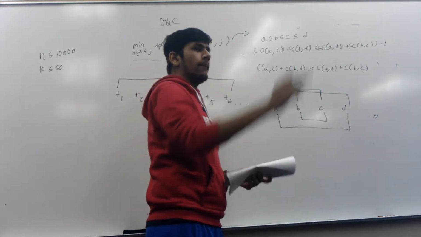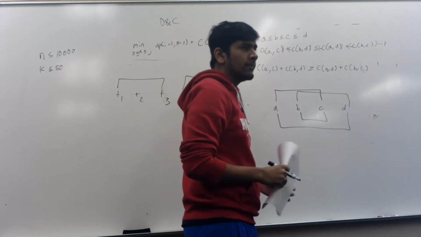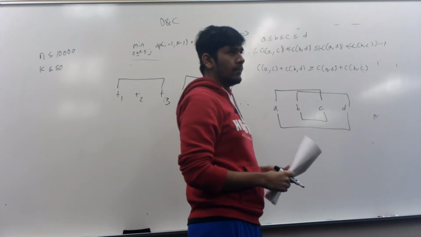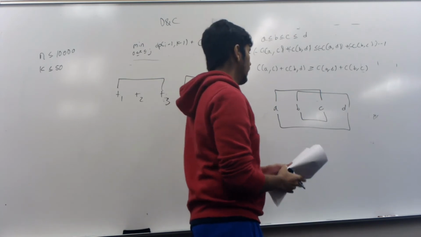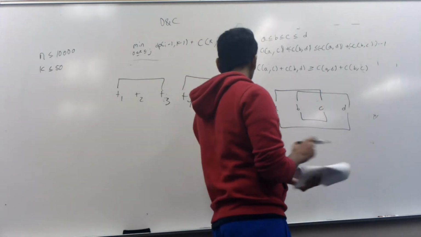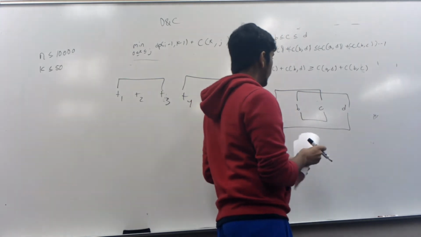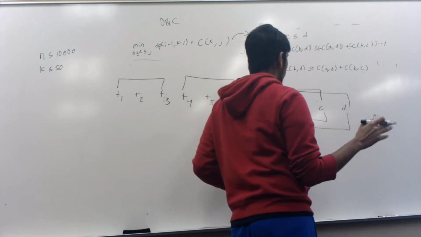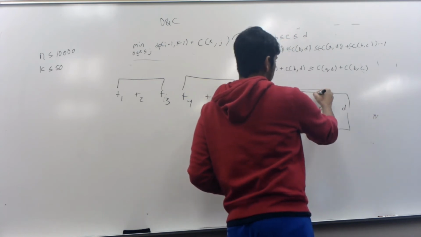Any ideas? Yeah, because in the cost from A to C and the cost from B to D, you'll count more elements twice than in the cost from A to B plus the cost of B to C. Let's say we have two of the same value in here, right?